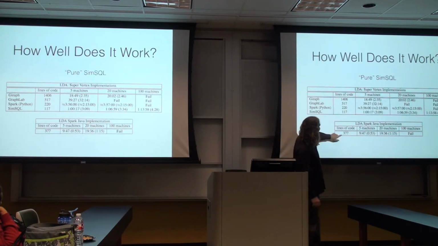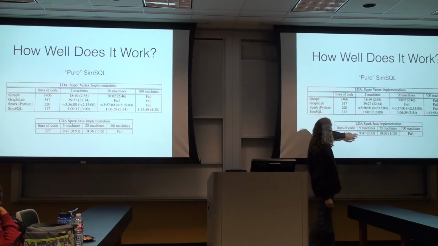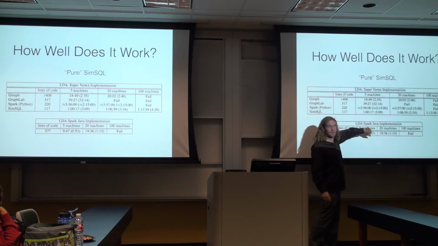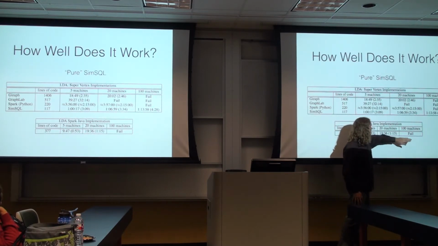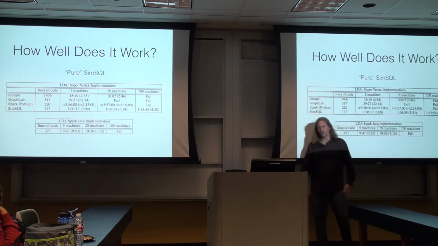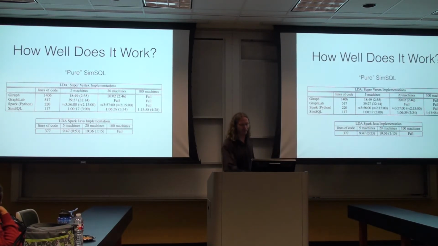So we've actually got a Spark Java implementation, and while it's a lot faster, we could never make it run, or Shangyu, who graduated, could never make it run on 100 machines. So SimSQL is pretty competitive.